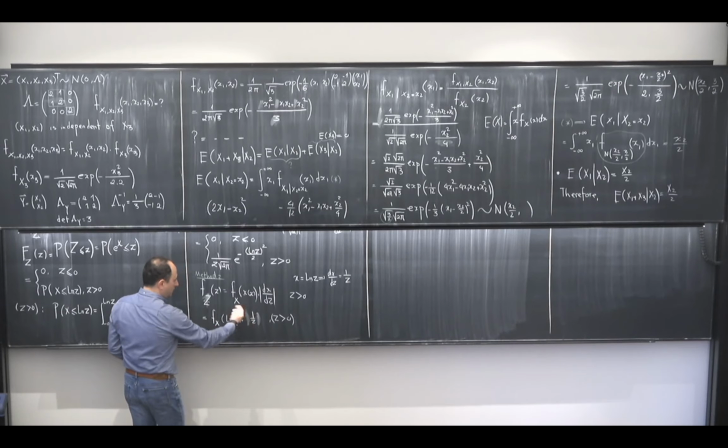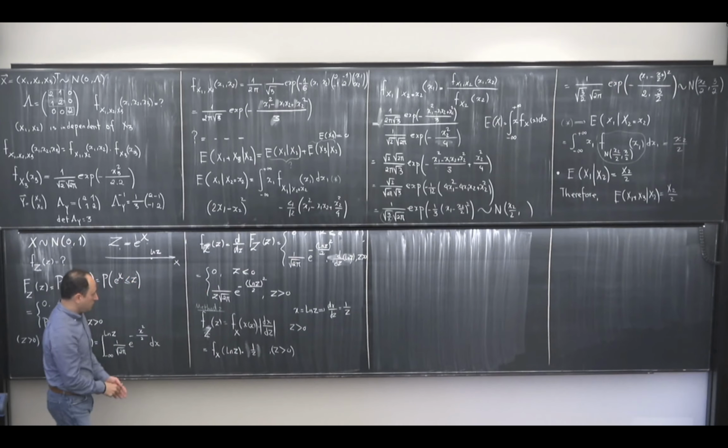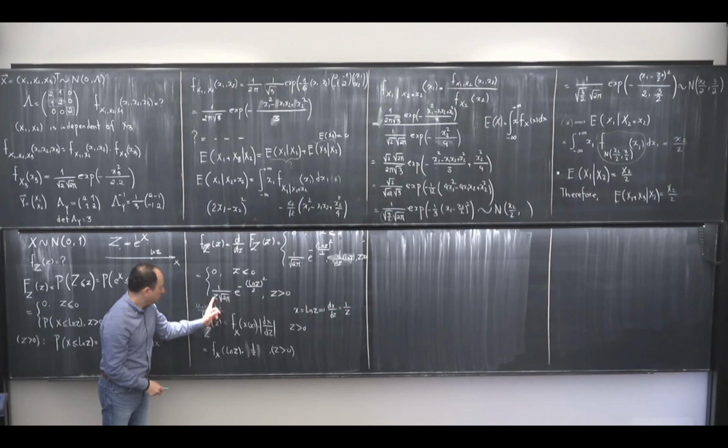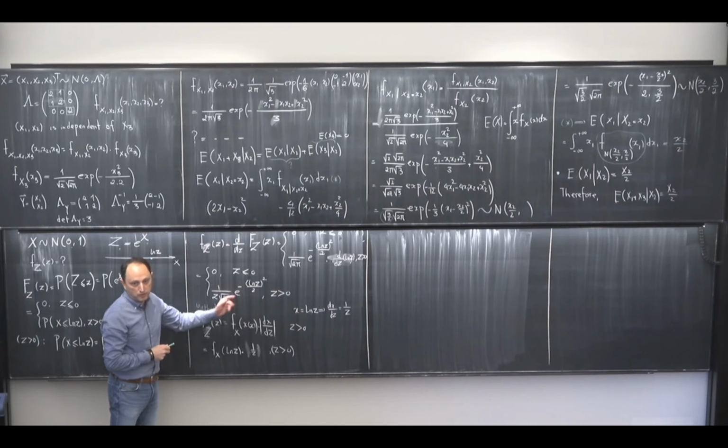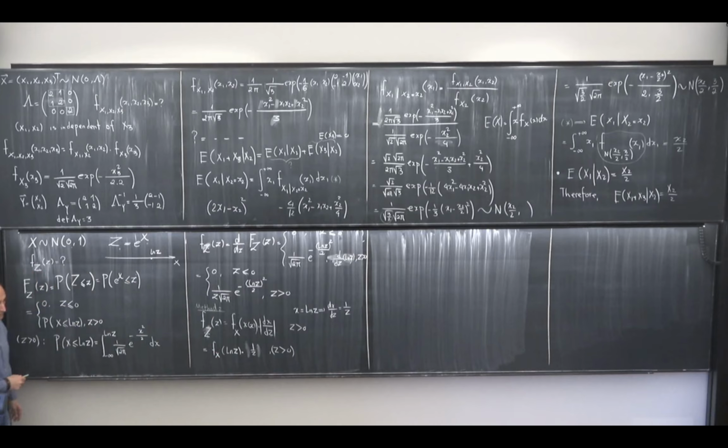Do you agree that is exactly the same thing that I got here, yes? So this is 1 over z, and this is the standard normal distribution in which you take x out and put ln of z in, which gives you this function. So this is acceptable, that's also acceptable. That's up to you which one you want to choose.